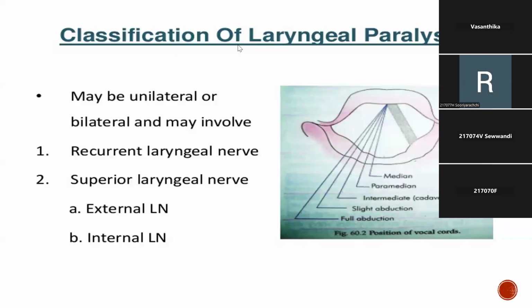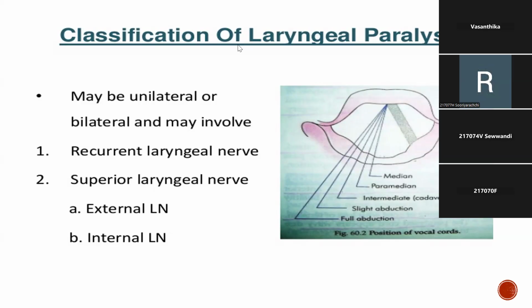The other common pathology of the vocal cord is vocal cord paralysis. It can be either unilateral or bilateral. It can be recurrent laryngeal nerve palsy. It can be superior laryngeal nerve palsy, which can be of the external branch or the internal branch.